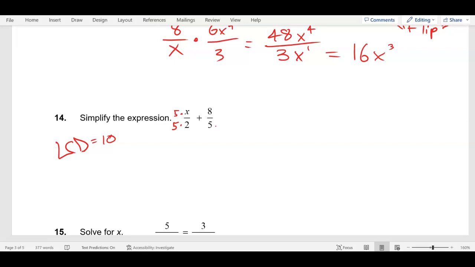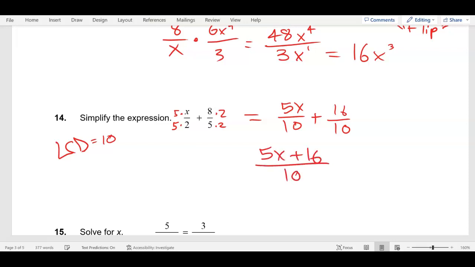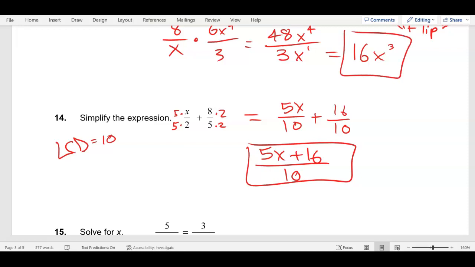And I multiply the second one times 2 on the bottom and the top. So really, it's going to be 5x over 10 plus 16 over 10. Now that the denominator matches, now we can add the top. So I end up getting 5x plus 16 over 10. Cool.